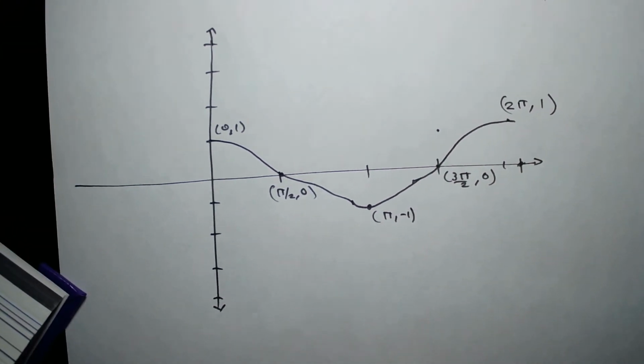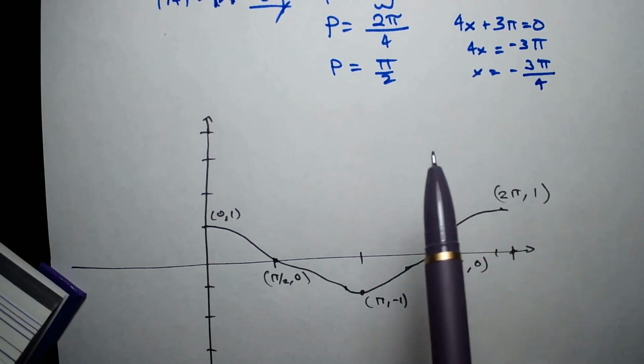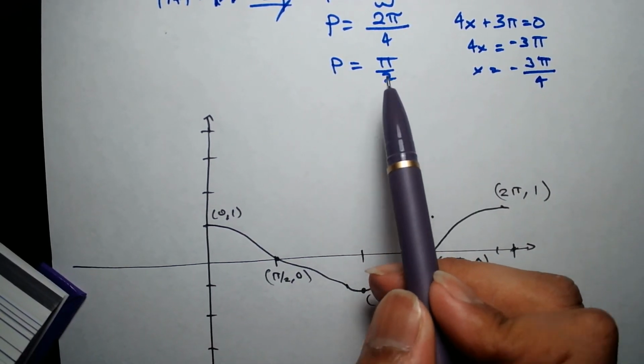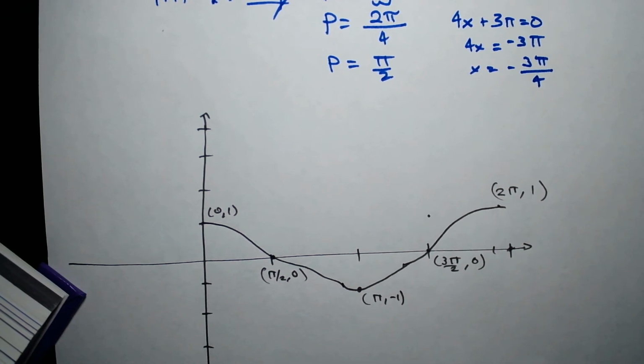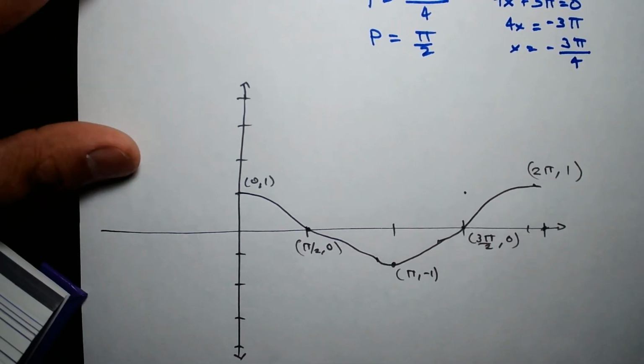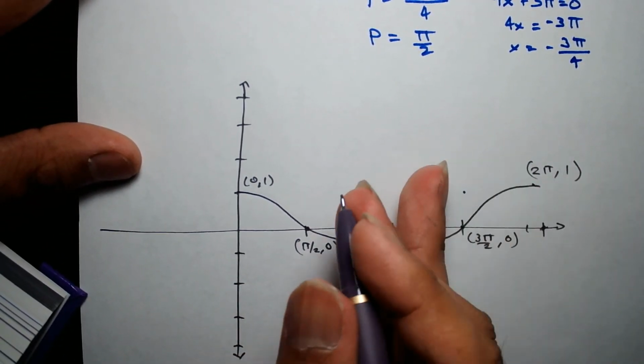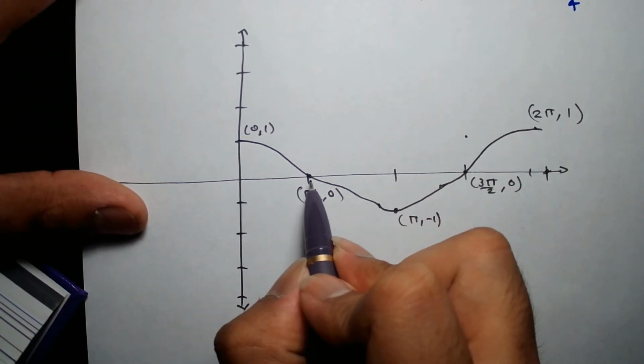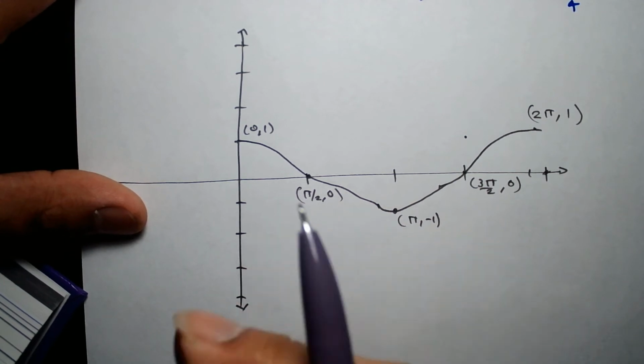Okay, so what are we going to do in this case? I'm going to shift all these points, since the period is now pi over 2. So in this case, it's going to be really compressed. The graph is going to do one shift.